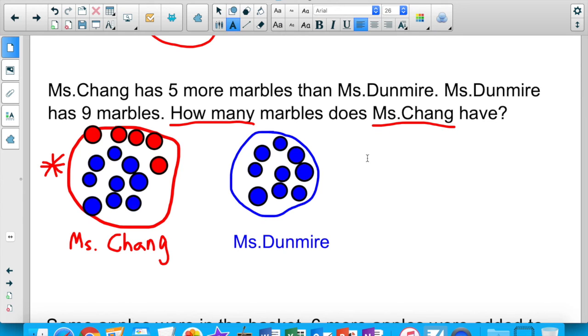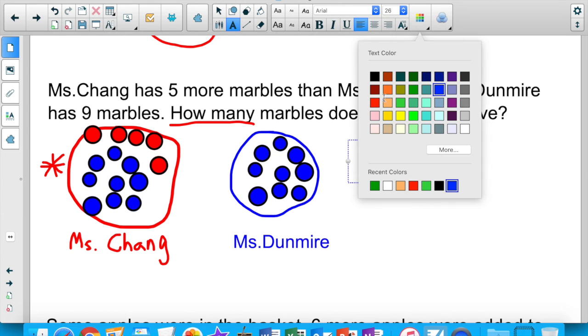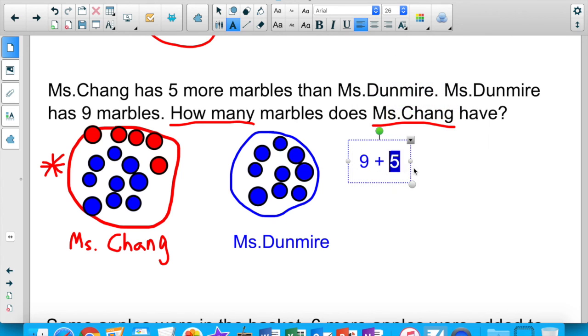So our equation would look like 9 plus, because Miss Dunmeyer has 9. So Miss Chang has 9, but 5 more than 9. So plus 5. I'll just leave this in a red color because I drew 5 more marbles in red, so to keep the colors consistent.